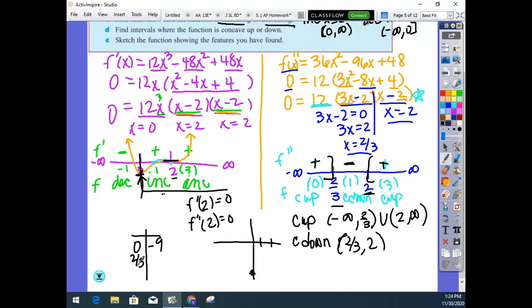At 2/3, it's -2.48. Because typically you're going to have your calculator with a problem like this. So just plugging stuff in. So 2/3, negative 2.48. So that's going to be down here.